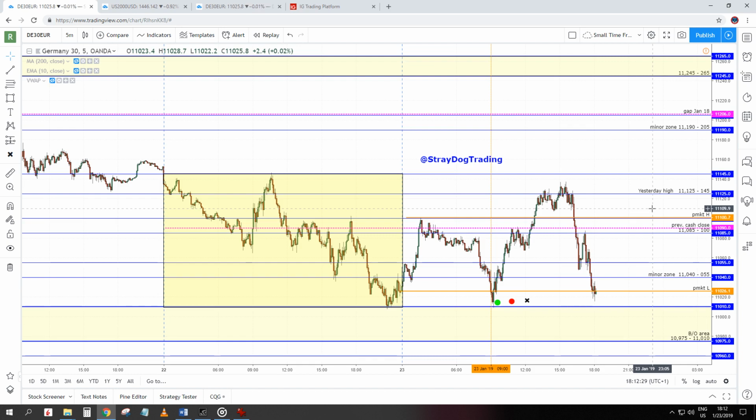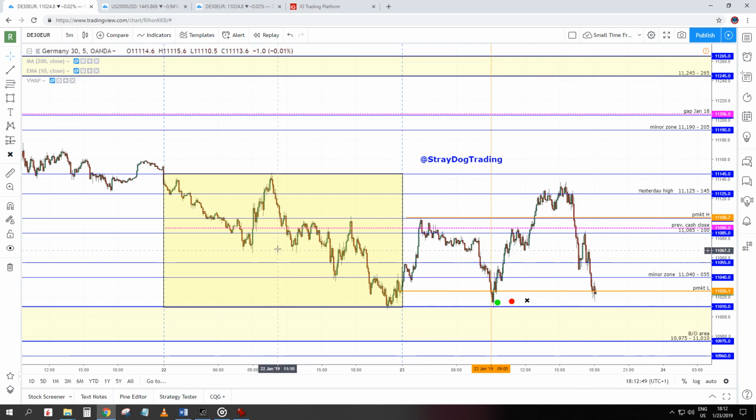One job is to give us an entry, second job is to give us an exit, and third job is to help us to gauge market strength or weakness. If it doesn't do any of that, then it should not be on the chart at all.